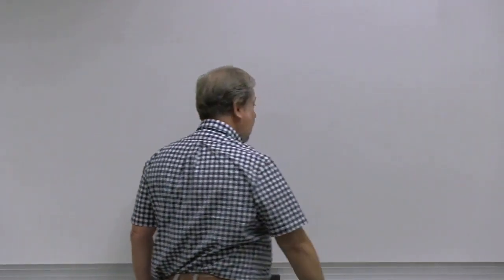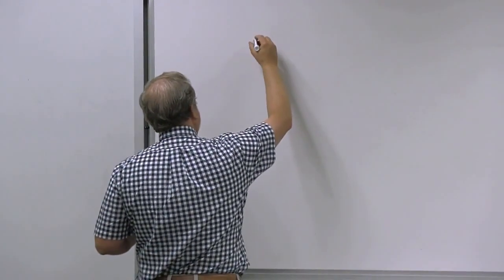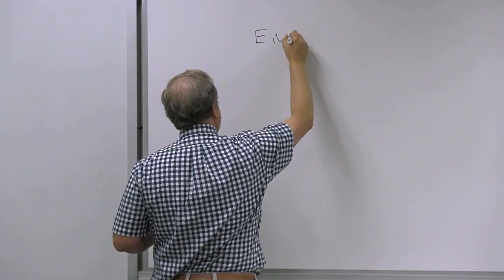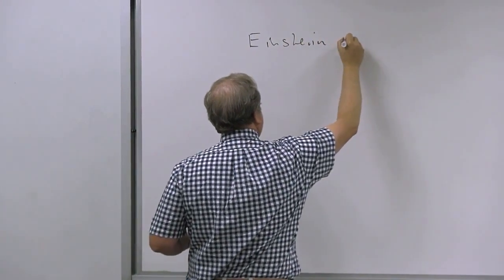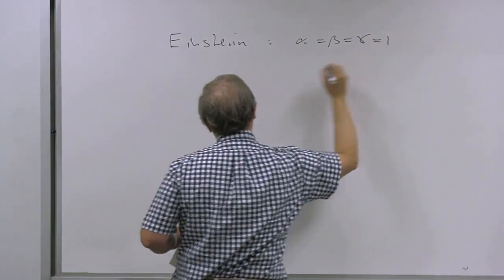Scalar-tensor theories are still popular to this day, and in scalar-tensor theories you don't have alpha equal to beta equal to gamma equal to 1. So, for example, in the Einstein case we have alpha equal to beta equal to gamma equal to 1.